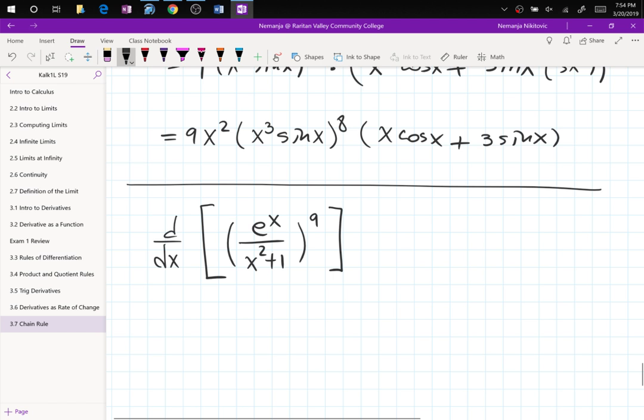Chain. Chain is the boss because everything is raised to the 9th power. You can write that as a sentence. It's okay. We understand each other, right?